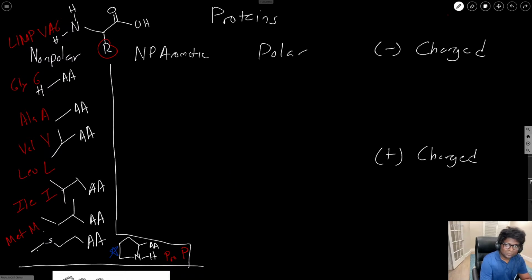With that being said, let's move on to nonpolar aromatic. These are the aromatic ones. These are easy to memorize. So let's start off with phenylalanine.